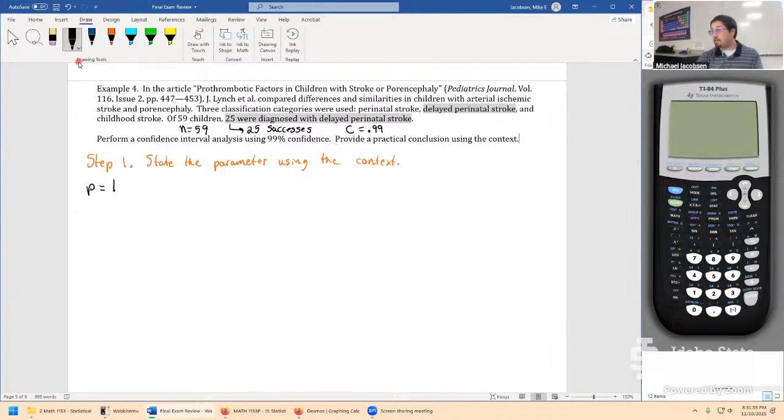P is going to be the population. You can say proportion, but let's change it up a little bit, mainly thinking about the conclusion. I'll put instead of proportion, percent or percentage. So this is going to be the population percentage of, we mentioned the successes, delayed perinatal stroke.